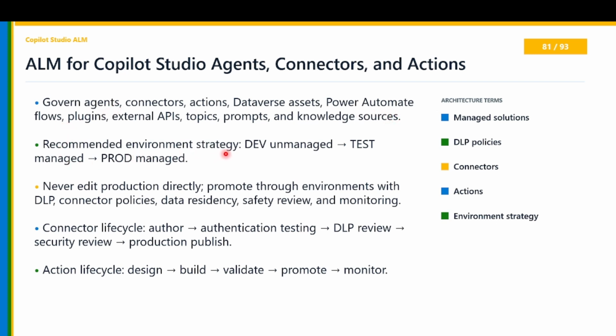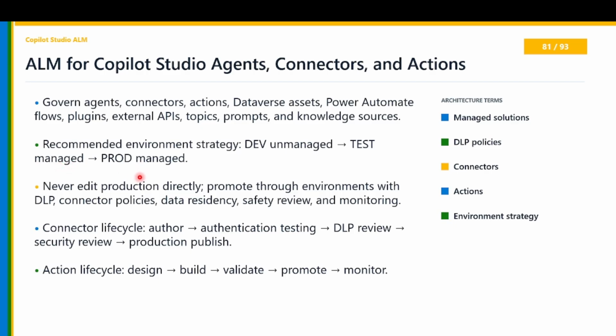The recommended environment strategy is dev, test, and prod. Every unmanaged agentic AI application should be in the development stage, then testing. So everything that you want to manage and deploy to production should be in the test stage.